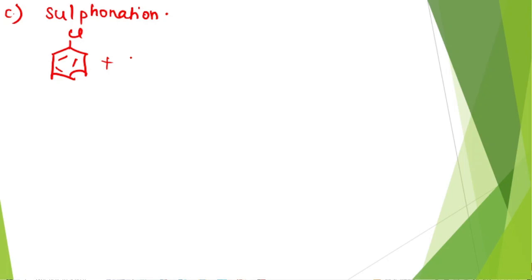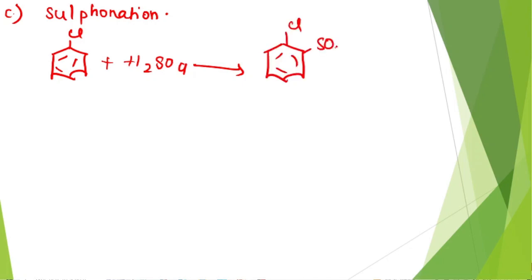Here also you get two products based on the position. One is where SO3H will be attached here, and another product where SO3H is attached over here. Based on this you will have the major product and minor product.